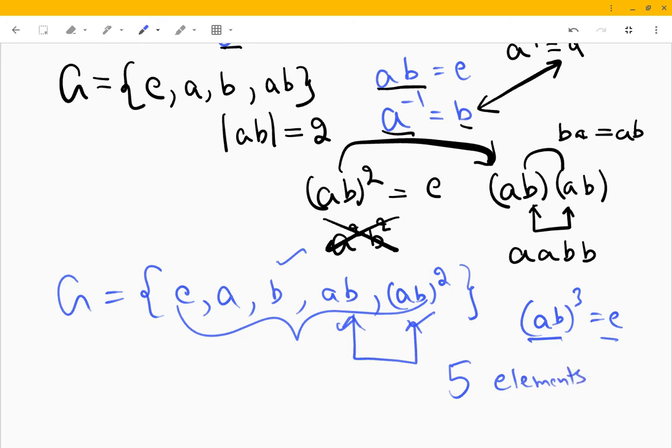Any group which has a number of elements equal to a prime number, technically a group with order 5, where order means the number of elements in that group, so a group with order equal to any prime is a cyclic group. So this is isomorphic to Z5.